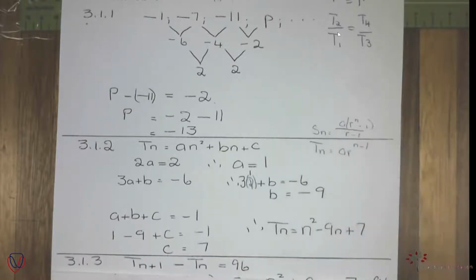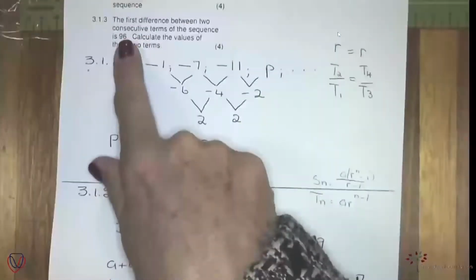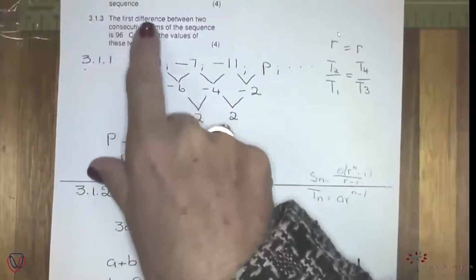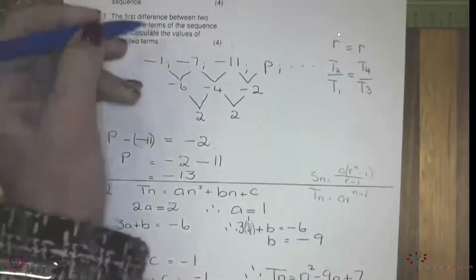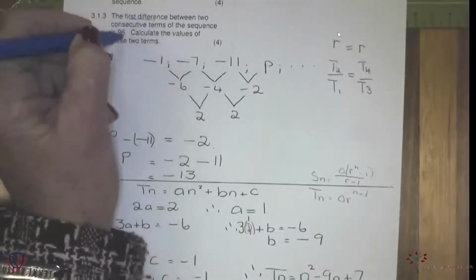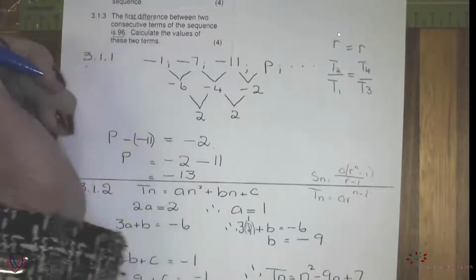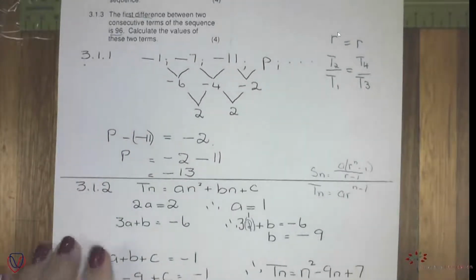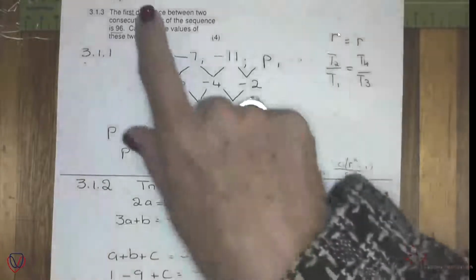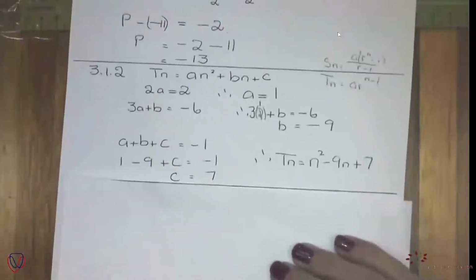Right, 3.1.3. Let's read the question first. The first difference between two consecutive terms of a sequence is 96. Calculate the values of these two terms. Now, people, I would like to explain this consecutive terms to you.